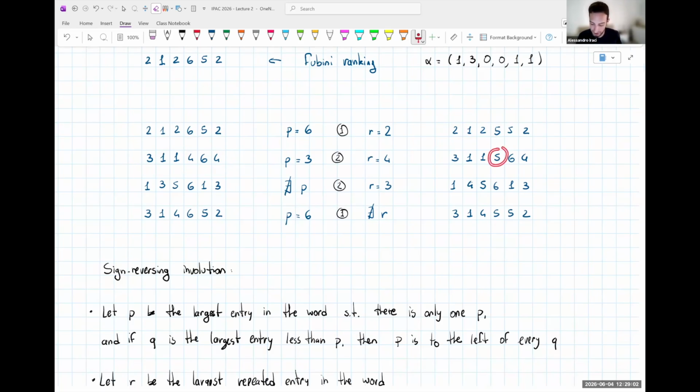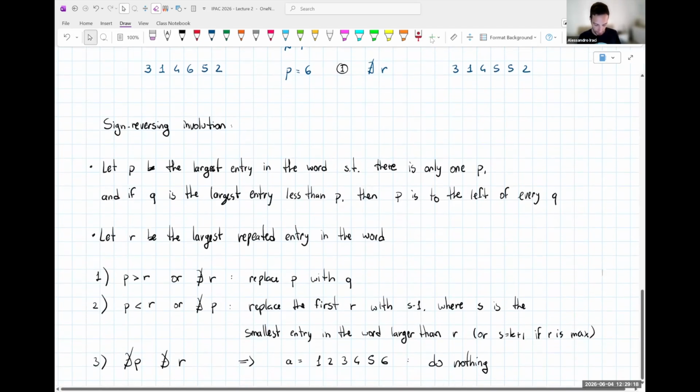So here 5 is the largest entry such that the entry immediately smaller only occurs to its right. And so here P is 5, and what we do is we replace it with R, which is exactly going back again, this direction here.